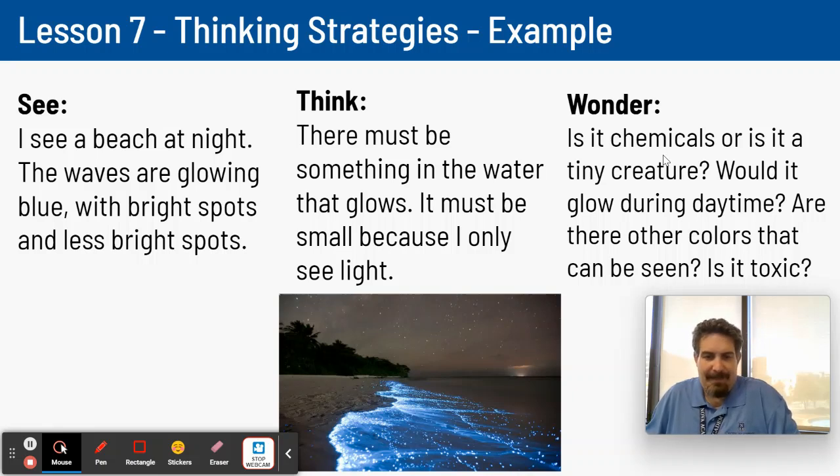Like if it's the middle of the day, would I see faint blue glowing? Are there other colors that can be seen? If this is a creature or a chemical, is there a different kind of chemical or creature that would glow a different color? Is this toxic? Like, should I not touch this if I saw it at a beach? That's all there is to the see, think, wonder strategy. Okay?